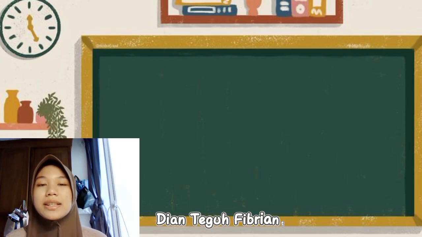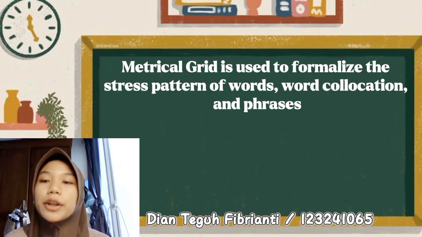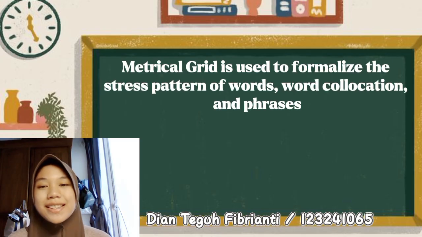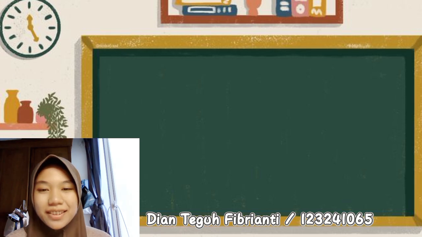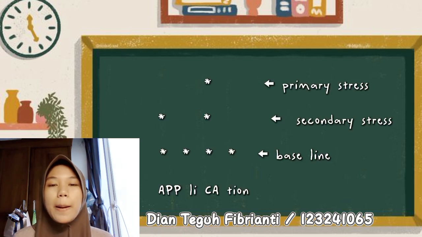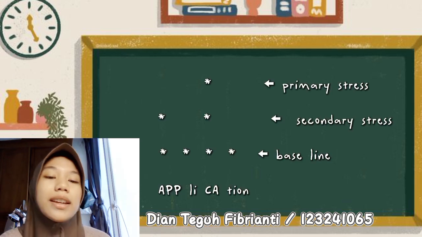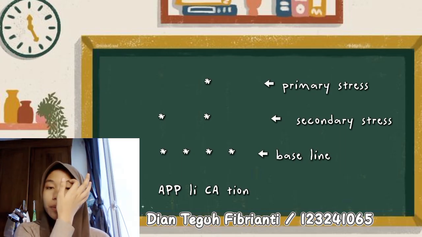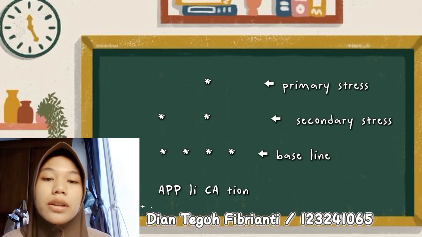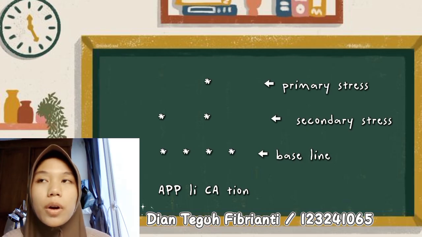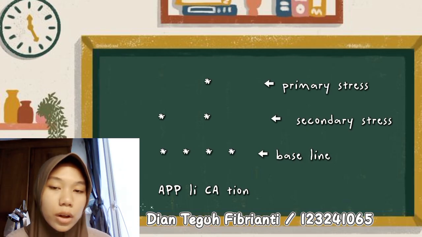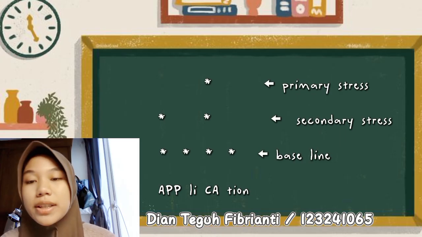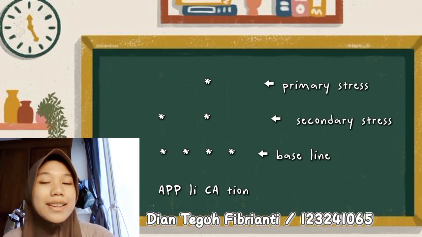A metrical grid is a tool used to formalize the stress pattern of words, collocations, and phrases. In the word application, as we mentioned before, the primary stress falls on the ca and the secondary stress falls on the app. There are three rows in a metrical grid. The first row is the baseline, which is for all syllables, the second line is for secondary stress, and the highest line is for primary stress.